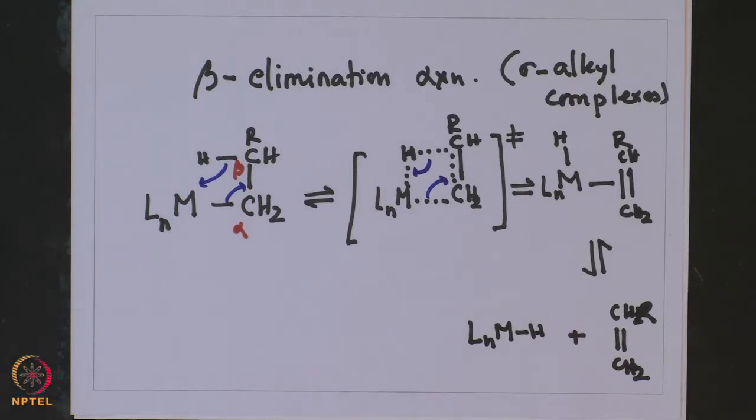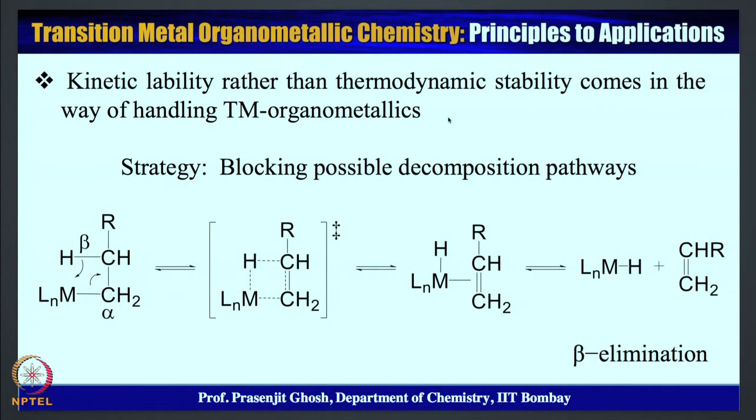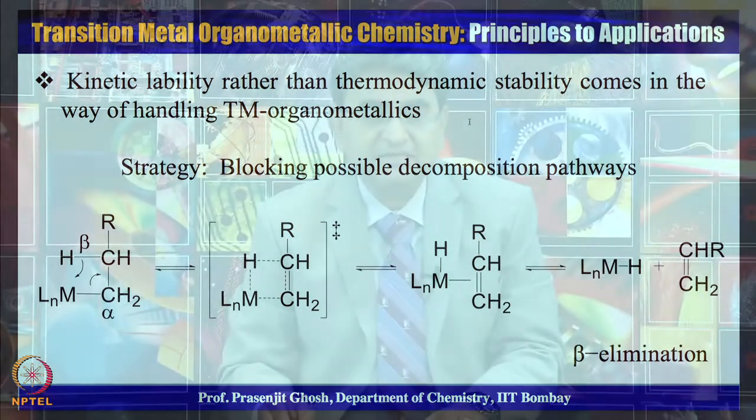So, this results in decomposition of metal alkyl compounds having beta hydrogen. This is a very spontaneous reaction leading to decomposition of many metal alkyl complexes. This beta hydride elimination is also part of catalyst decomposition in many important transition metal catalyzed reactions.